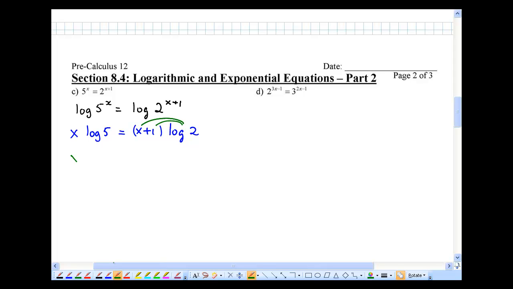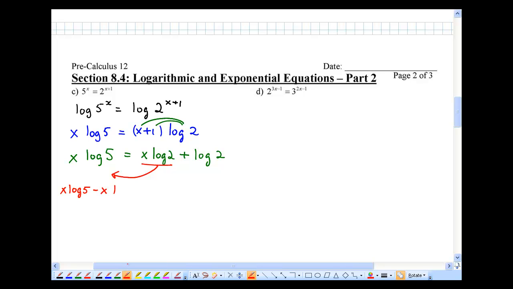Distribute. Now once again, I want to group all the things with x on one side. So I'm going to take that x log 2 and move it to the side. I know usually I put the logs in front. Doesn't really make a difference.